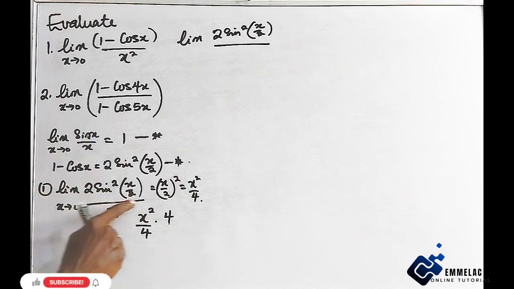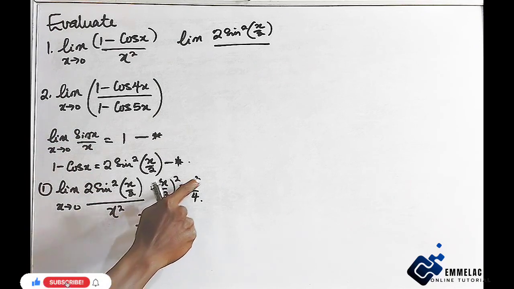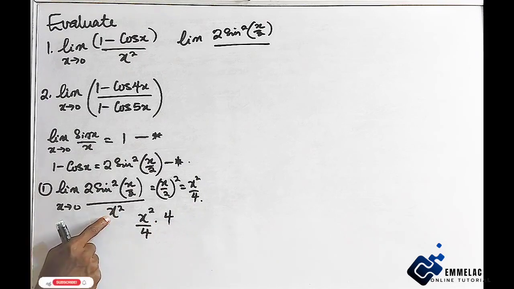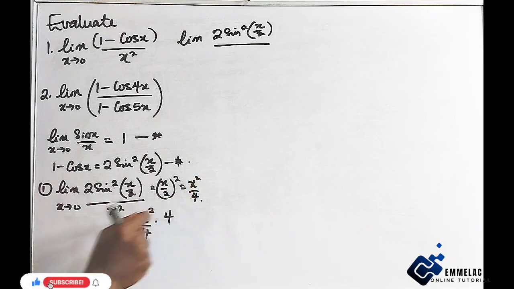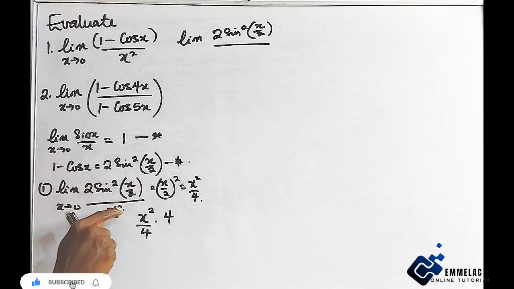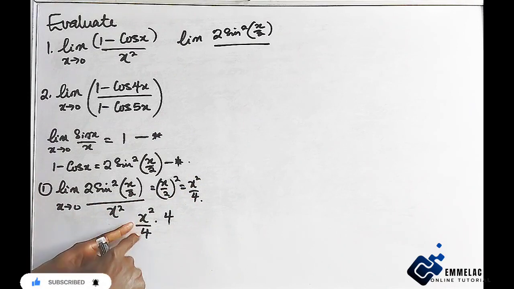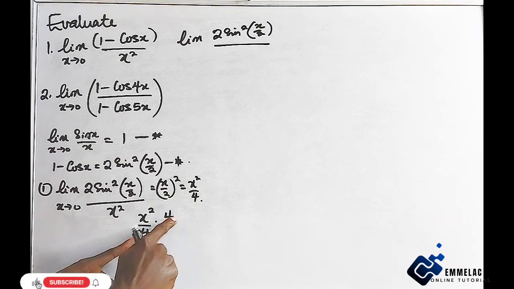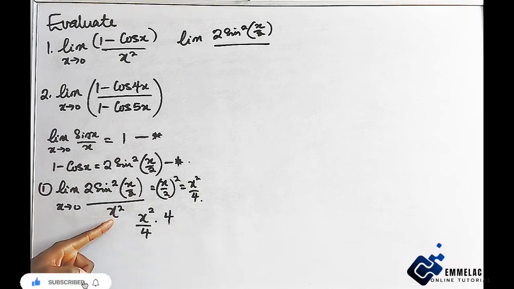So we also look for a way of deriving x raised to the power of 2 all over 4 from the denominator. But here we are only having x raised to the power of 2. Now for us to get x raised to the power of 2 all over 4 from x raised to the power of 2 is to divide x raised to the power of 2 by 4 and also multiply by 4. So when we eliminate 4 from the numerator and denominator, we arrive at this.